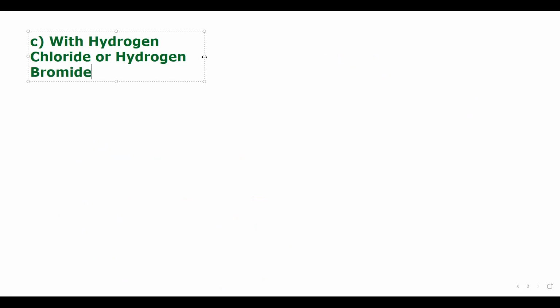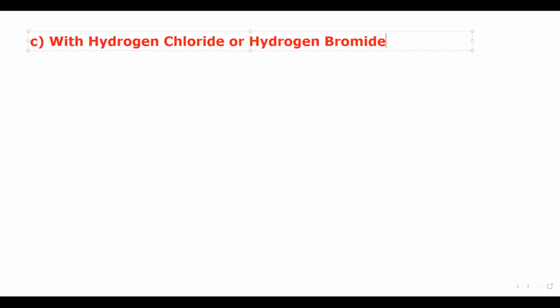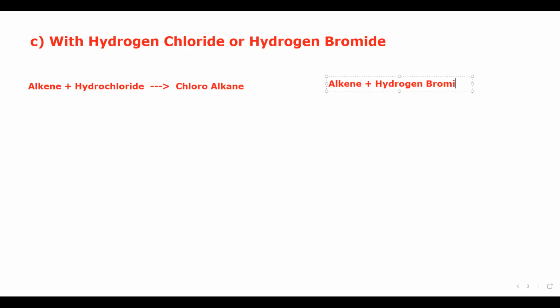So if alkene reacts with hydrogen chloride or hydrogen bromide: alkene plus hydrogen chloride will give chloroalkane, and alkene plus hydrogen bromide will give bromoalkane.